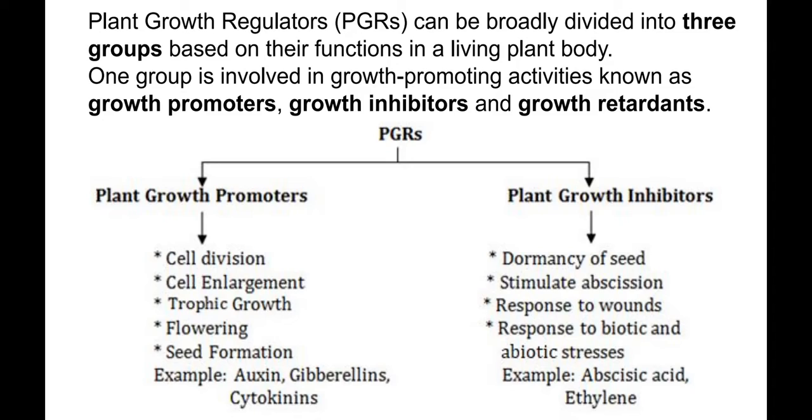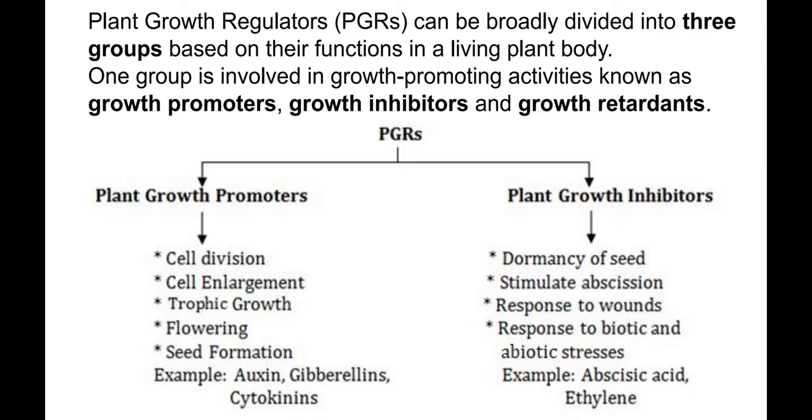Okay, then there are mostly three groups. In practical agriculture two groups are mostly used, but officially it's three groups.